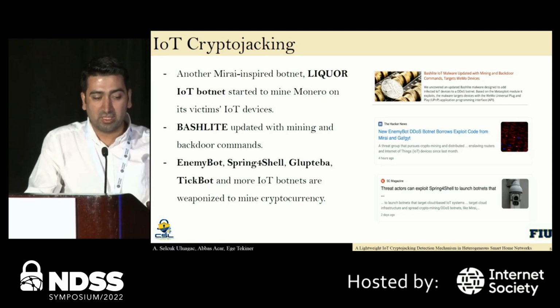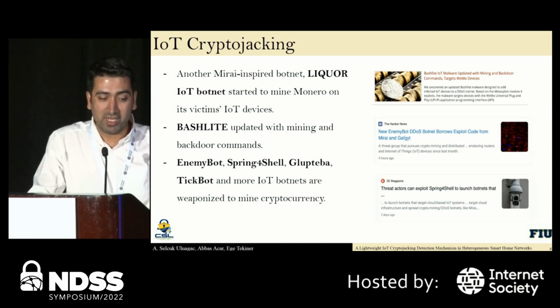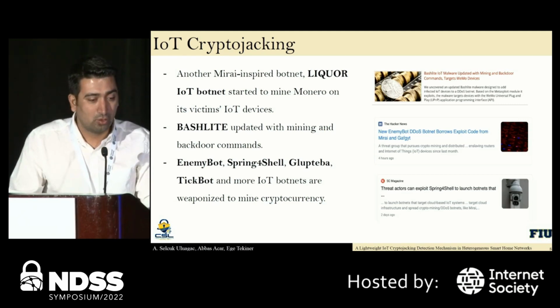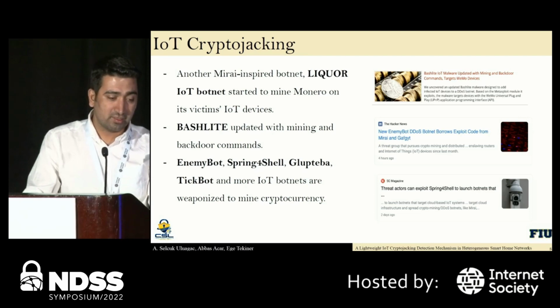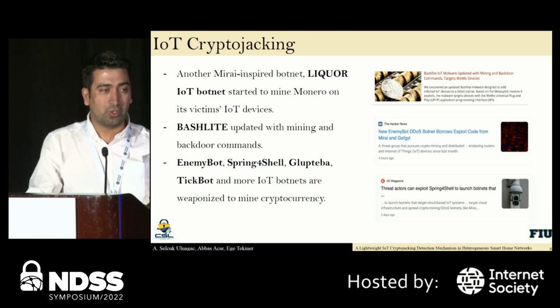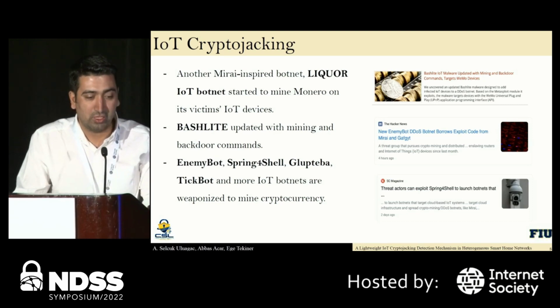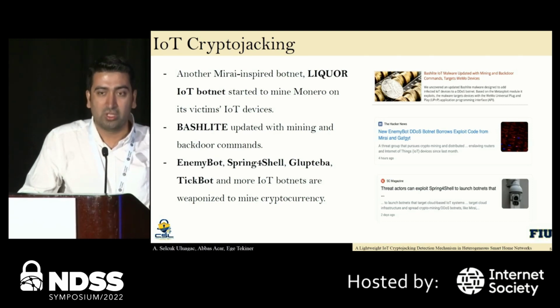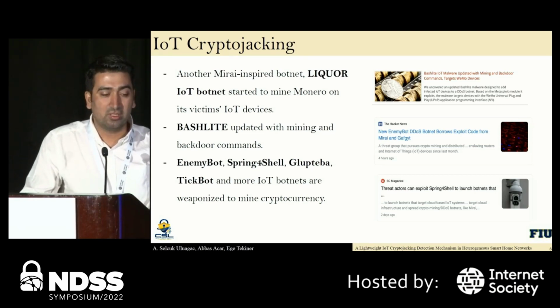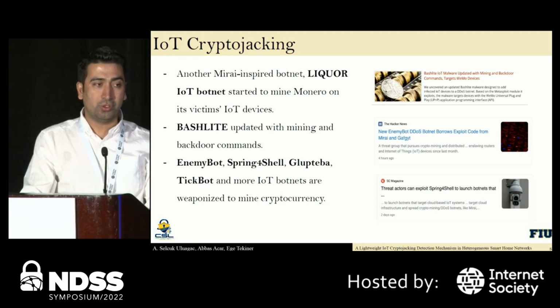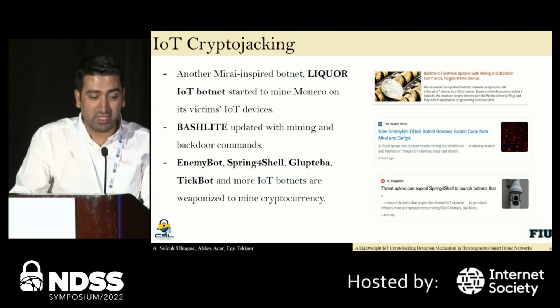Some more examples are Bash Lite, updated with mining and backdoor commands to benefit from the networks that it already has. And more examples we have seen recently, just before coming to the presentation when we searched: enemy bots, Spring4Shell, Gulub Teba, and Tickbot. These are well-known botnets that have already been deployed, but recently they started to weaponize their networks to mine cryptocurrency.